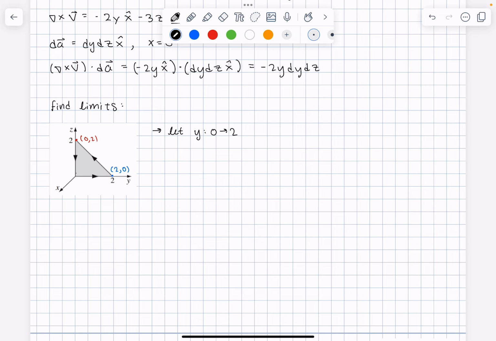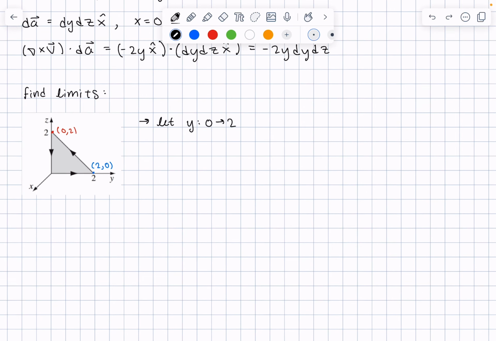So y will be going like that, but then that means that we need to find z as a function of y. So to do that, we can look at our figure here, and we can see if we considered z to be a function of y, z of 0 when y is 0 is going to be equal to 2, and we can find our slope using these 2 points.